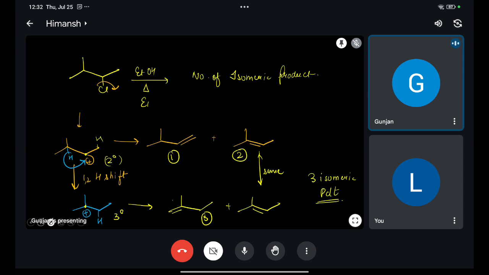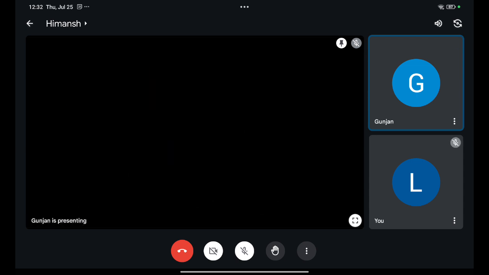Another example, if you want, we can do one more example. Let's say this is the alkyl halide, right? Now what will we do? Number of products, Iman. Can you tell me how many products you can create?